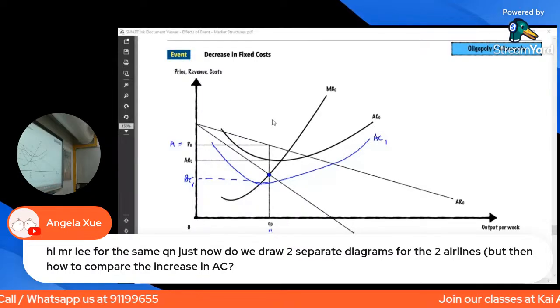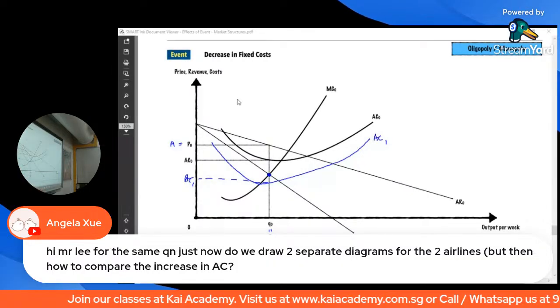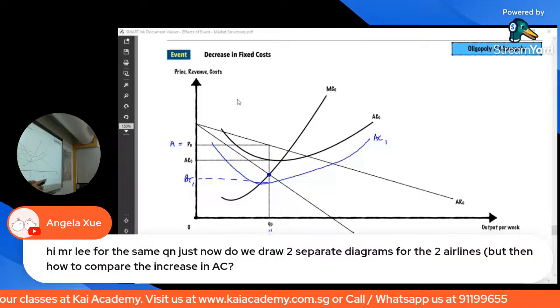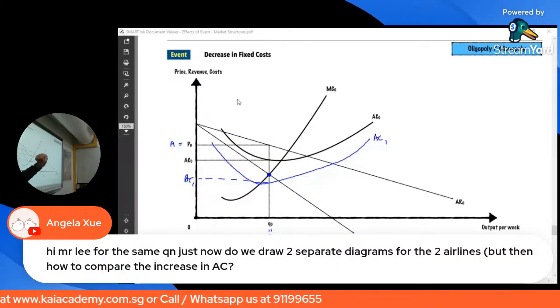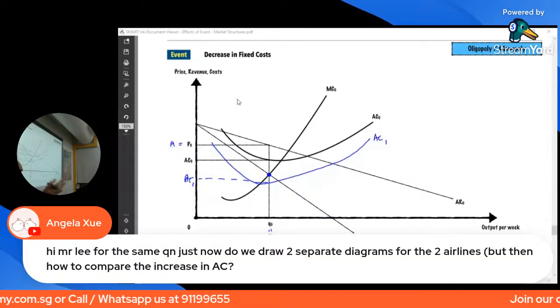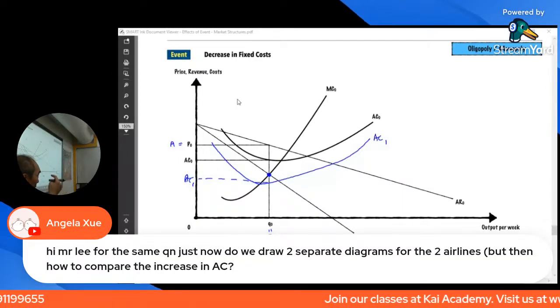Fly more, use more jet fuel, right? Your aircraft, you don't have to buy a new one every time there's a new flight, right? So there is fixed cost falling, variable cost rising. So Cambridge can set questions like this as a higher order question. Two events: fixed cost falling means AC shifts down. Variable cost rising means AC, MC shift up. That means AC itself gets two opposing shifts, right?